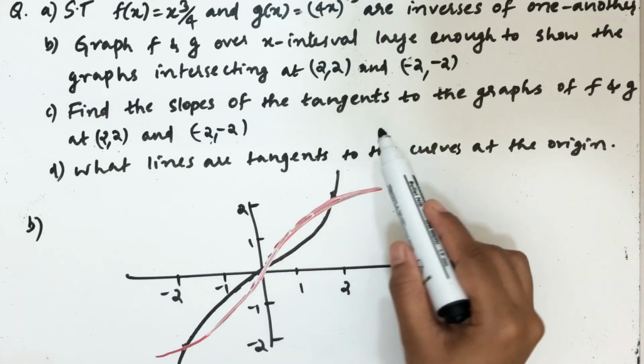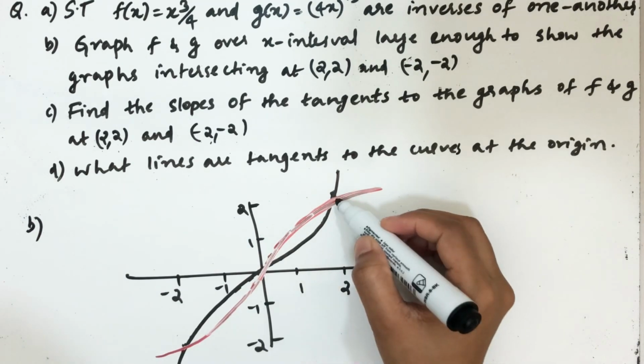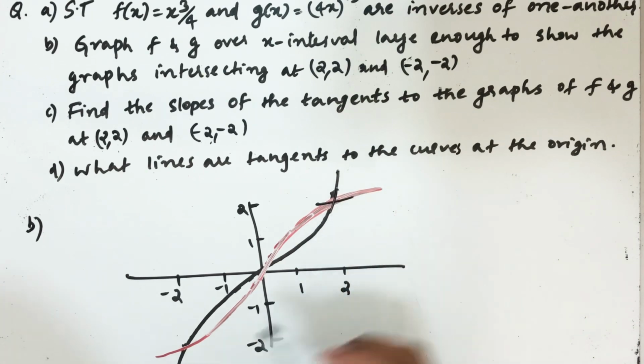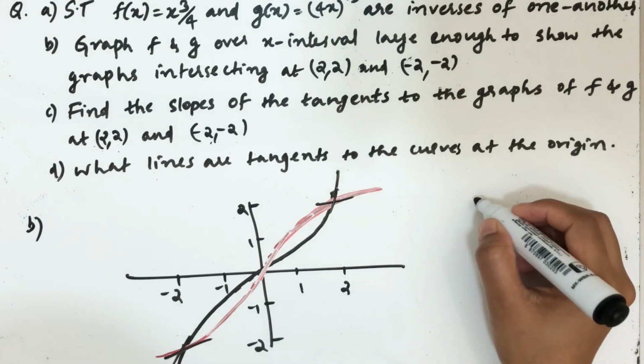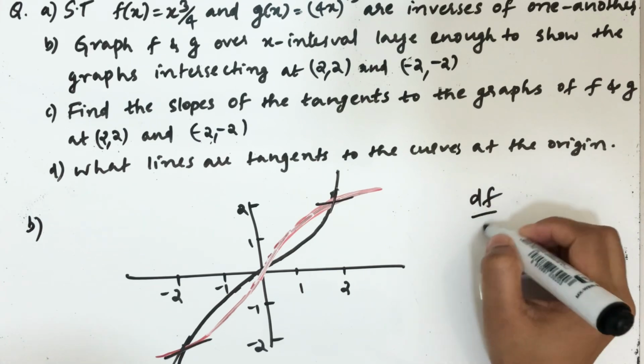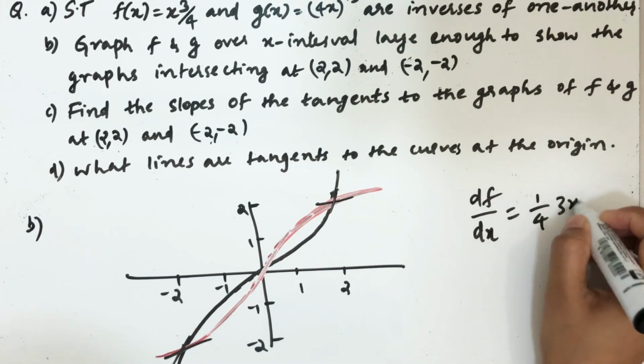Next, we have to find slopes of tangents to the graphs of f and g at 2, 2 and minus 2, minus 2. That is at this point. And at this point, we have to find the slope of the tangent. So this is nothing but df by dx. Slope of tangent of f is df by dx, which is equal to 1 by 4 into 3x square.